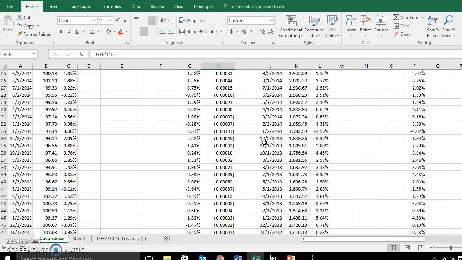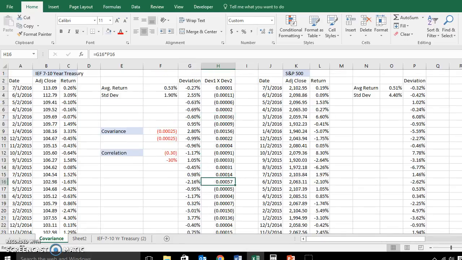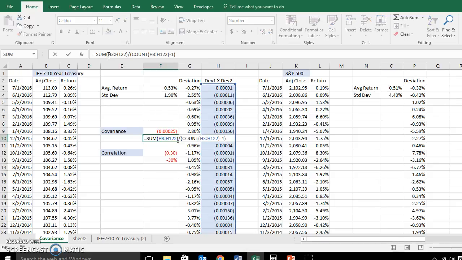So once you have all these values, you can sum up all these values. So you can see the formula, it's a summation of this series divided by the total number of observations, and you're subtracting 1 from the number of observations because I don't have all the values.